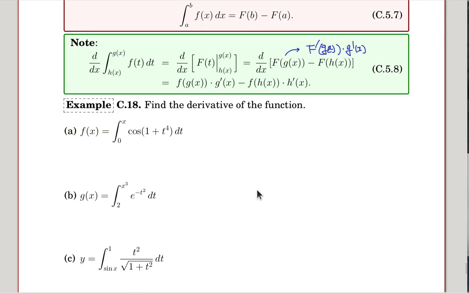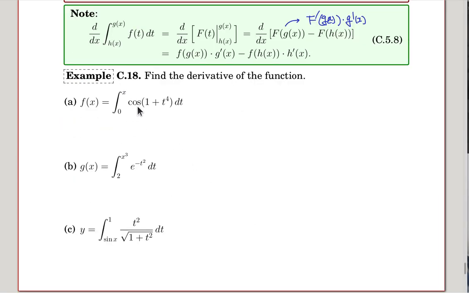Let's try to find the derivatives of these functions. That one is quite simple. By using the standard technique, you can get it quite easily. Now, for this one, g of x is x cubed, so the derivative of this term is the same as, instead of t, we use x cubed, so e to the minus x to the 6, times its derivative, 3 x squared. And for the other portion, it is a constant so it will be 0.